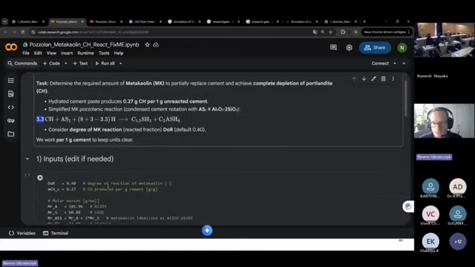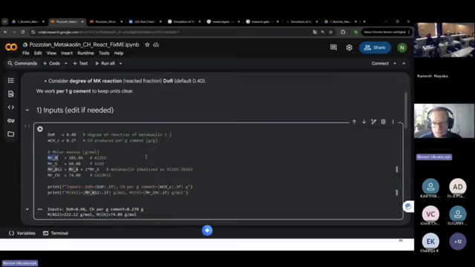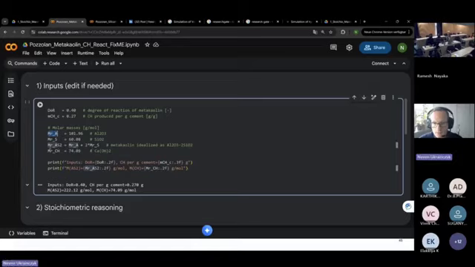Then we use exactly the same code. You just need to define the molar mass of aluminate, then the molar mass of metakaolinite. This is how it looks, the metakaolinite. Kaolinite has 2 molecules of water, and this is metakaolinite without water. So it's just AS2.